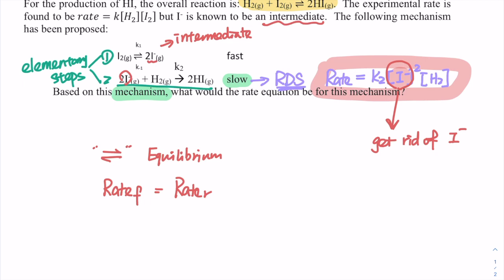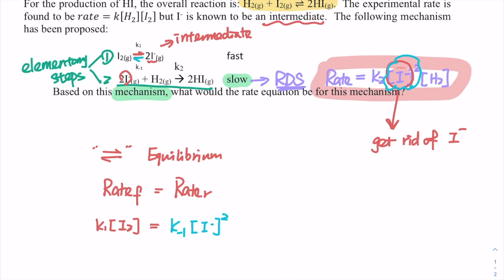Then we can write down the rate of the forward reaction, which means that we're using I2, right? That's our reactant. So K1 times I2 will equal the reverse. Which way is the reverse? Going that way, right? So what do I have? K minus 1 times the concentration of iodide squared. Okay, so that's that. And over here, remember, we have iodide ion, and actually that's already a square.